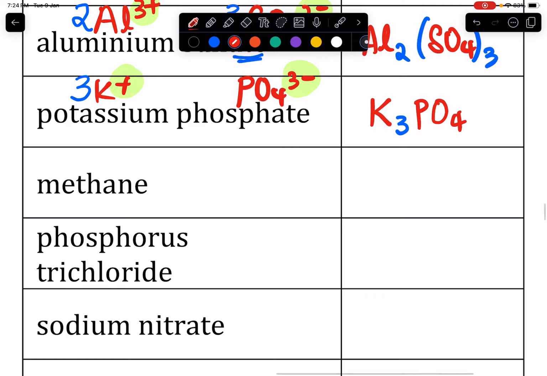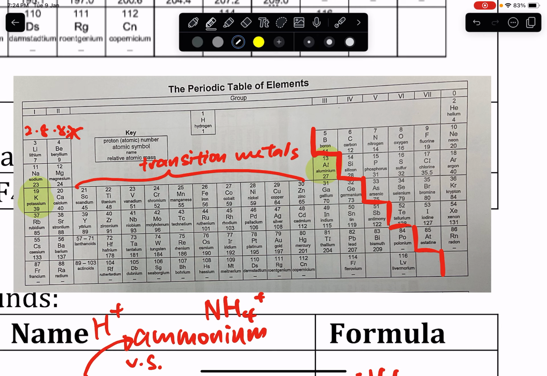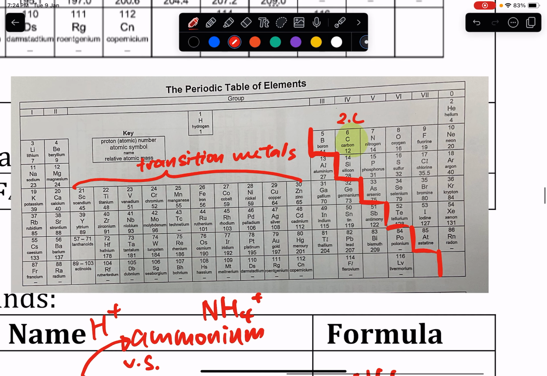Methane is another formula that you have to memorize. That's CH4. You can also deduce it yourself if you know that methane is made out of carbon and hydrogen. Carbon is found here and it is 2,4. It needs 4 more electrons to obtain noble gas configuration. Hydrogen just has 1. The first shell only needs 2 to obtain a fully filled outer shell, so it needs 1.